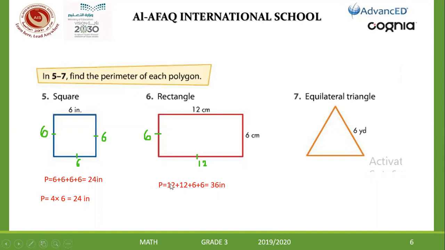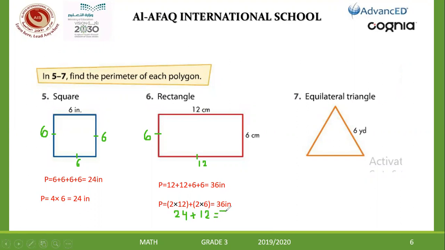I have this 12 that is repeated 2 times, and this 6 that is repeated 2 times, so I can replace this by 2 multiplied by 12 plus 2 multiplied by 6. Find the product for each bracket first. 2 multiplied by 12 will be 24, plus 2 multiplied by 6 will be 12. 24 plus 12 will be 36.